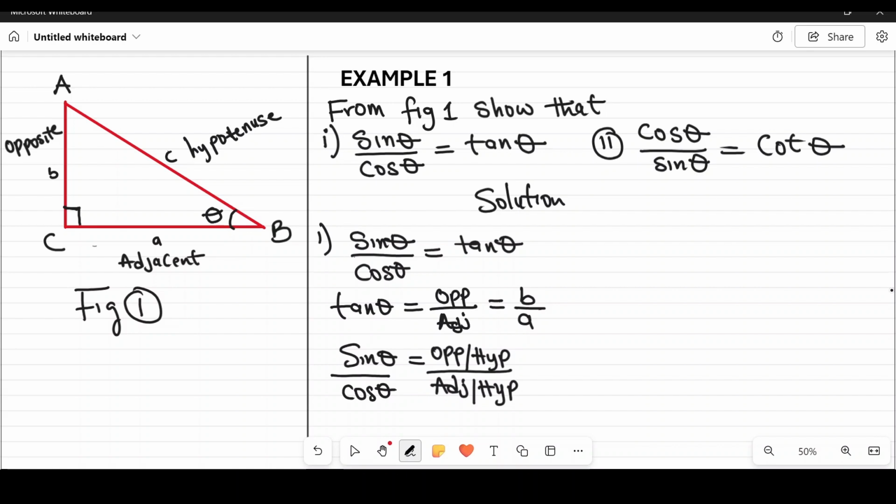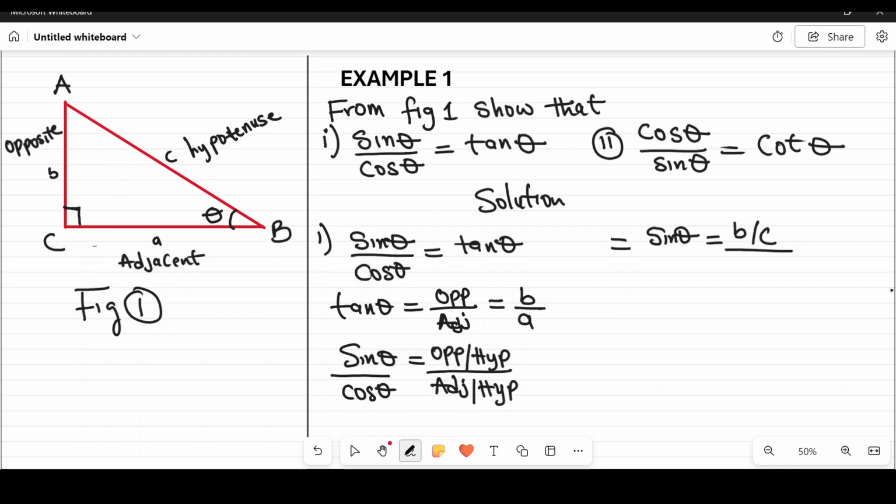From here, our hypotenuse, opposite, and adjacent have been defined in figure 1. Our opposite is side AC, which is represented by letter B. So we have sine theta is equal to B, and our hypotenuse is side AB, represented as letter C, so B divided by C.